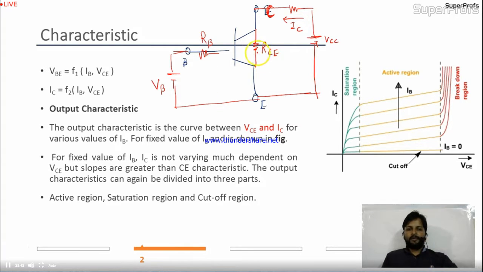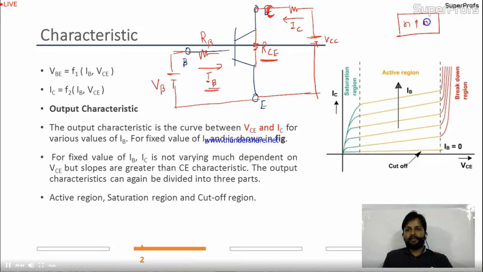So, what is this IB going to do in the circuit, or what is the transistor going to do? As I told you earlier, in the starting, transistor is nothing but the variable resistance device. We are changing the resistance of the transistor with the help of this current IB, right?